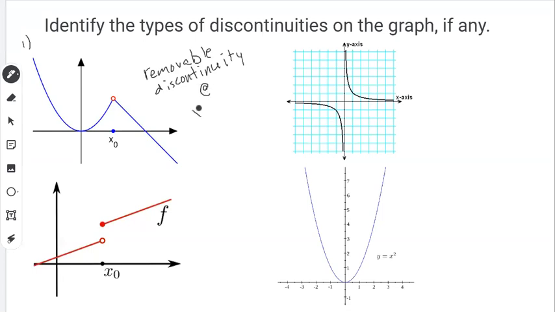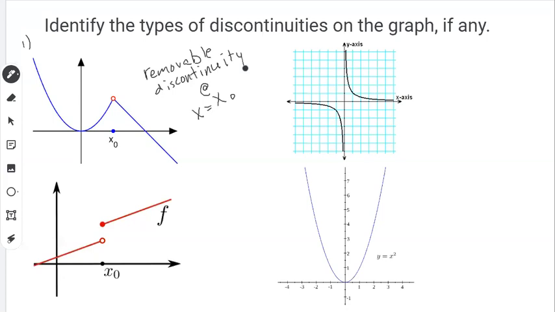It's at x equals x0 or x naught, as they say. So at that point on the x-axis, we have a discontinuity in the function. Okay? And the reason why I chose removable instead of jump is because the function isn't jumping, it just has a point that's missing, right? That's why it has that hole in the graph. So that's a removable discontinuity.